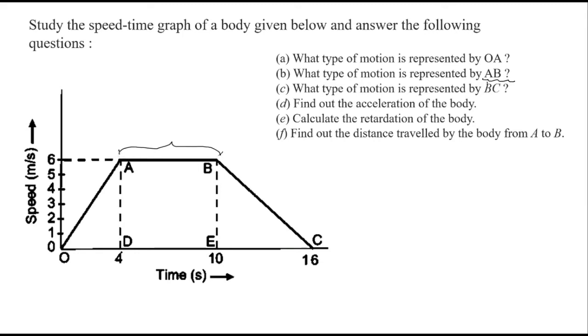Now if you look at this time axis, from 4 to 5, 6, 7, 8, 9, 10 till here, if you find the corresponding value of speed or velocity, you will find that at A its velocity was 6 meter per second when the time was 4 seconds, right?